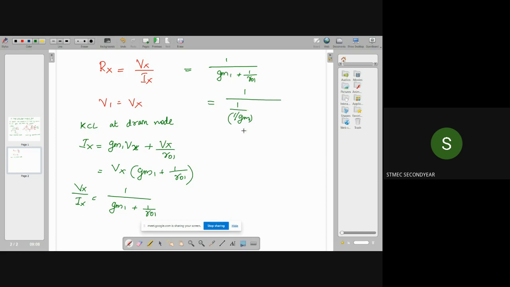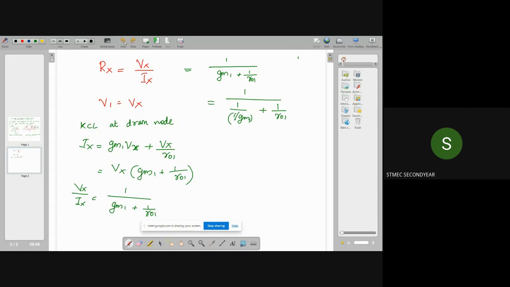So 1 by GM1 means this is equal to GM1 plus 1 by this R01.